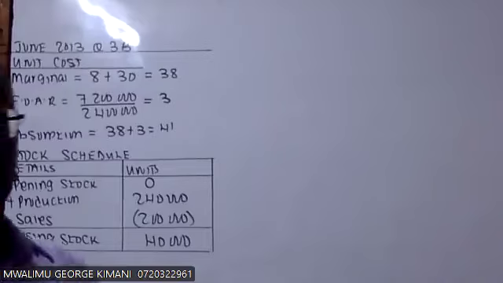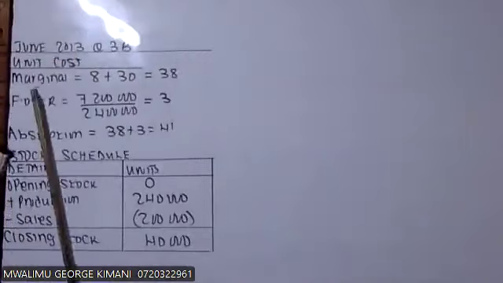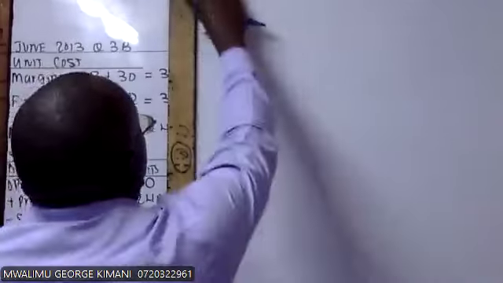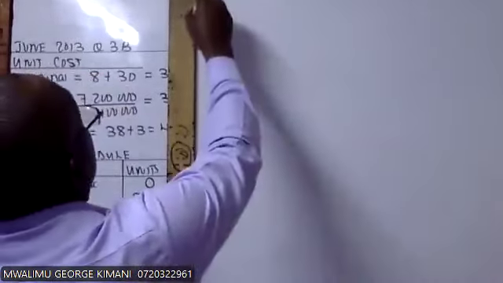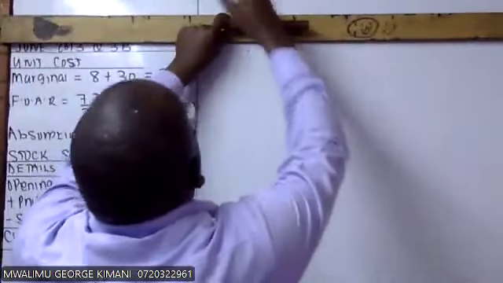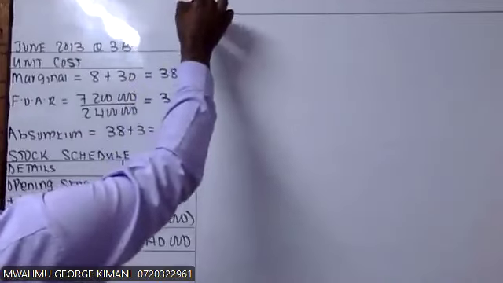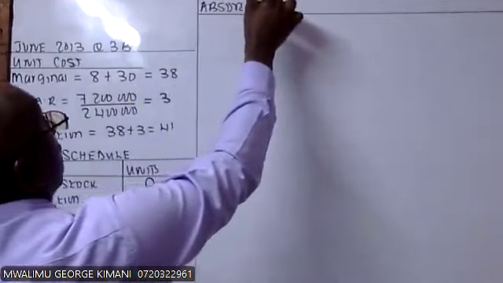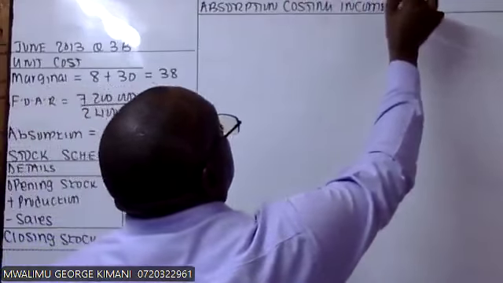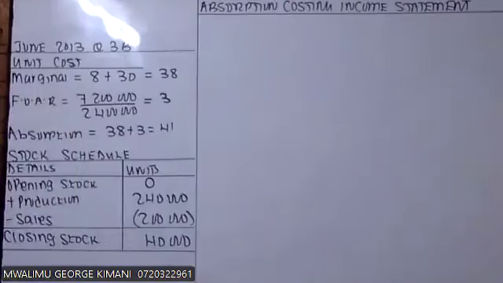So if we are okay at that point, we now do the absorption costing income statement.